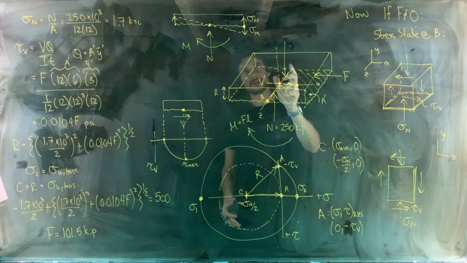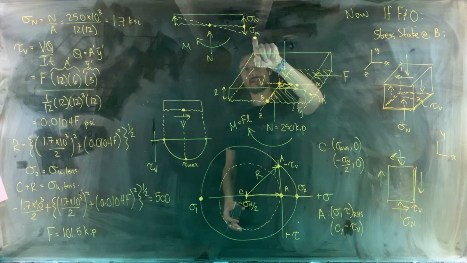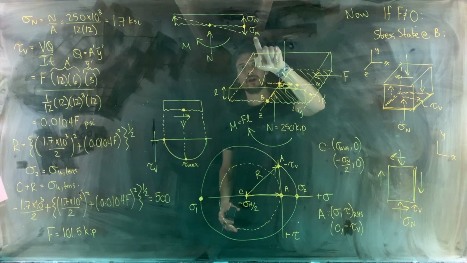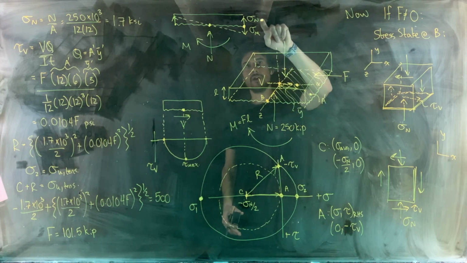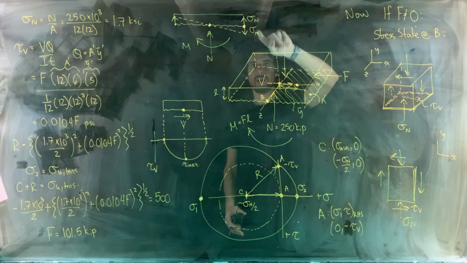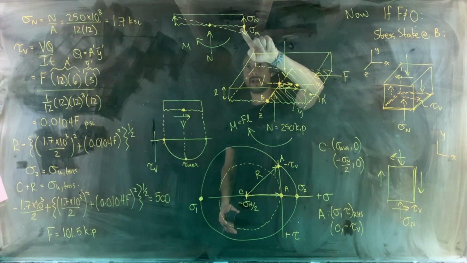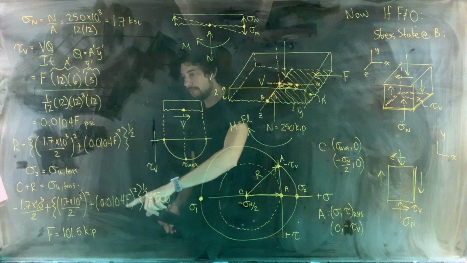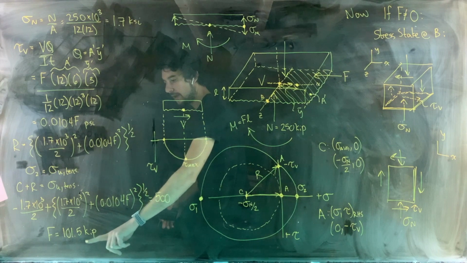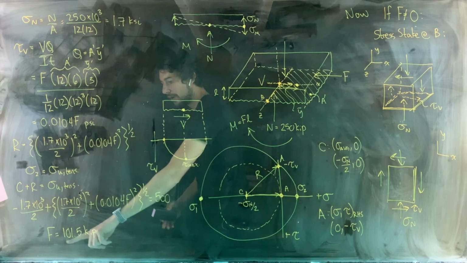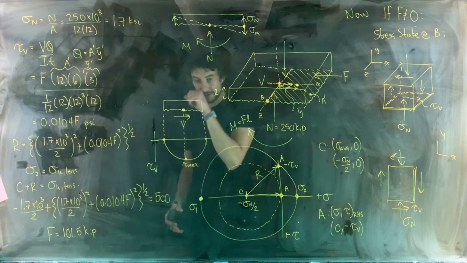But there's a chance that the tensile stress from the bending moment might increase so much that it overcomes the compressive stress and actually ends up being a net tensile stress that's greater than 500 psi before our load of 101.5 kip is reached.